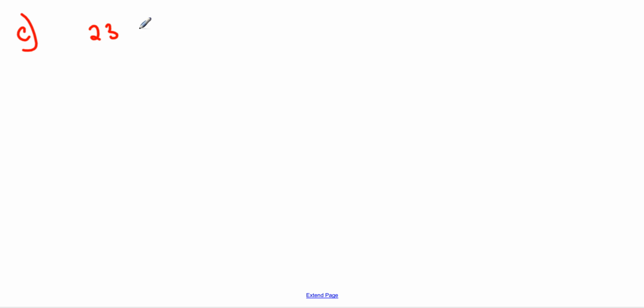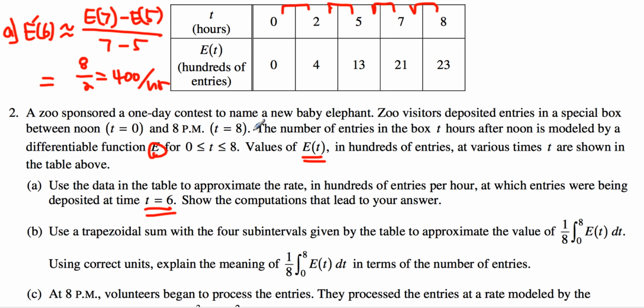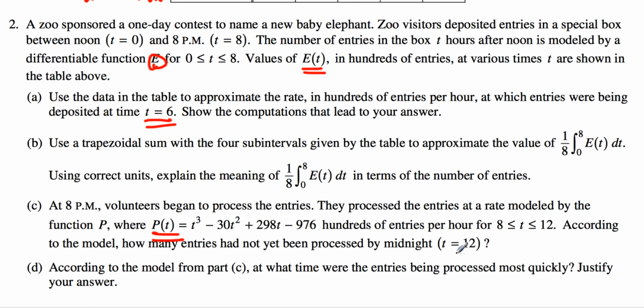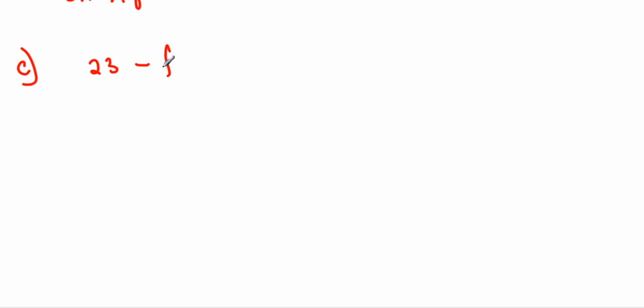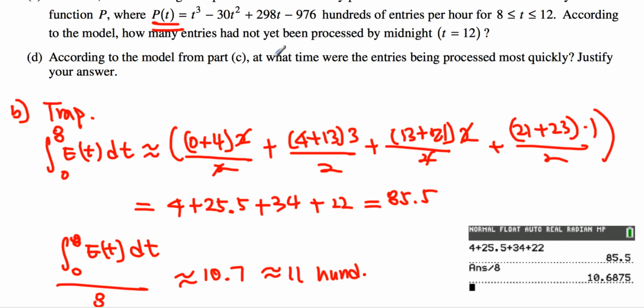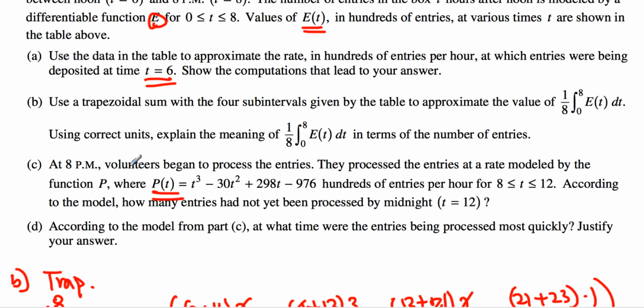So 23 minus that integral that we saw, the integral from 8 through 12 of P of t dt. Now, let's try to find the difference and see what we end up getting.